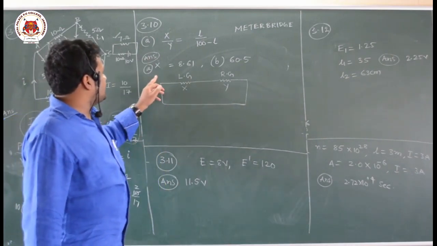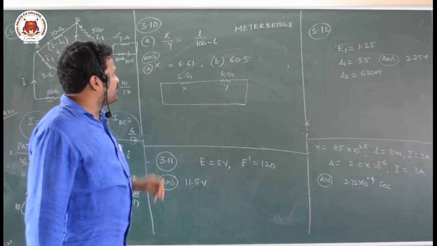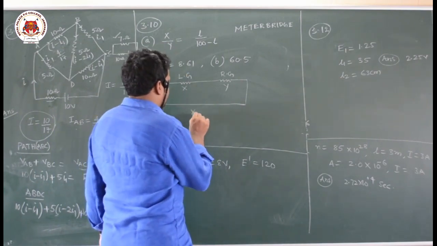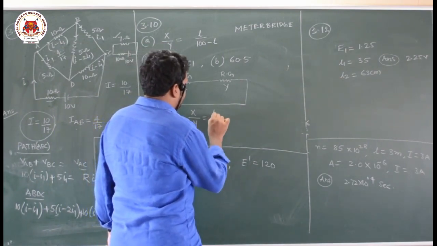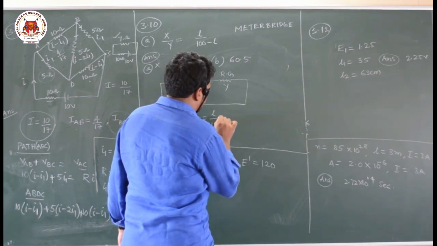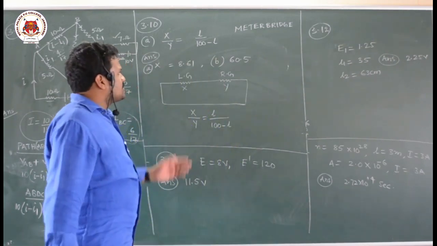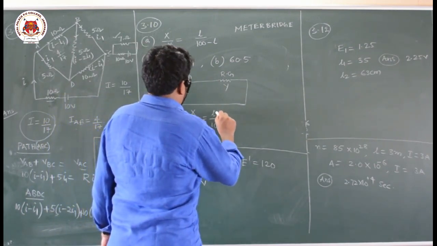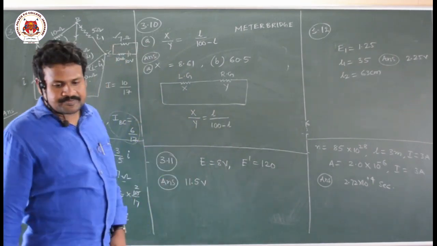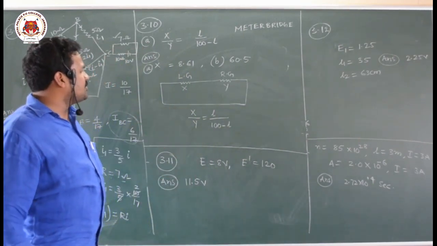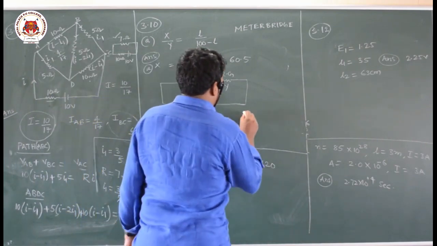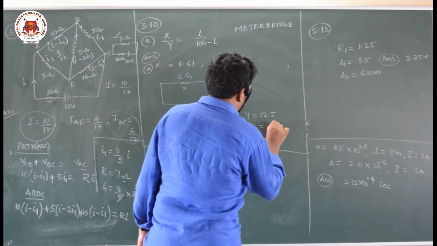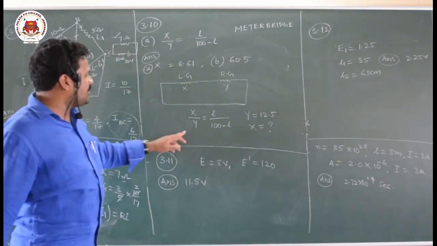So Y is given as 12.5 and the question asks for X. X by Y is equal to L by 100 minus L. In your question he has clearly given the balancing length.